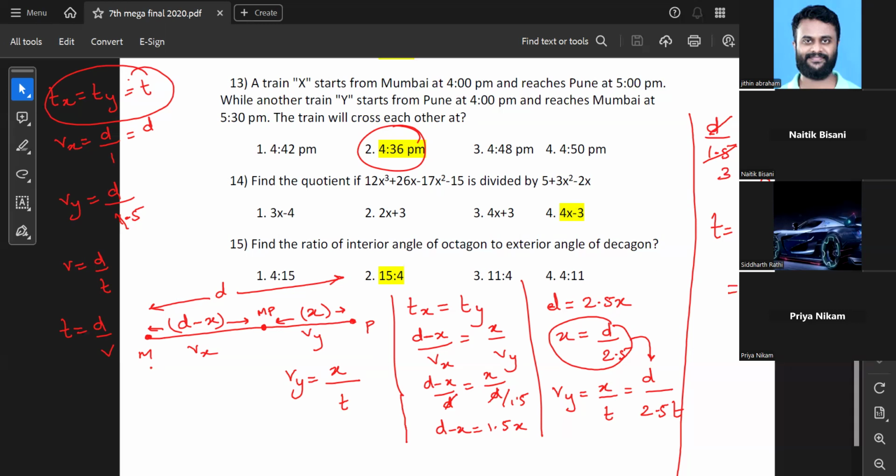It's in hours. 3 upon 5 of an hour is how many minutes? If you don't know, you simply substitute instead of hour, you put 60 minutes. Correct. That will give you 36 minutes. So the time taken to reach the meeting point is 36 minutes. Both the trains started at 4 o'clock, which means both the trains are going to meet after 36 minutes from 4 o'clock. Hence 4:36 is your answer.